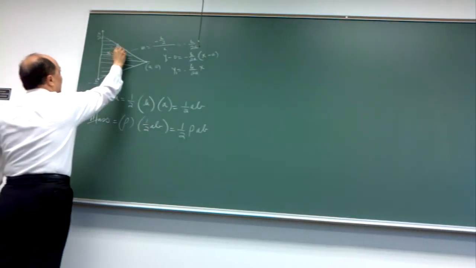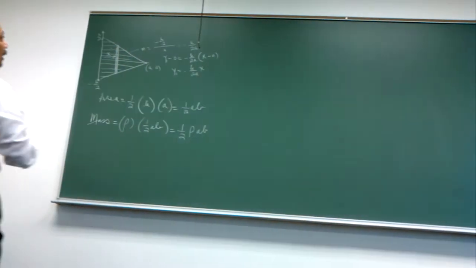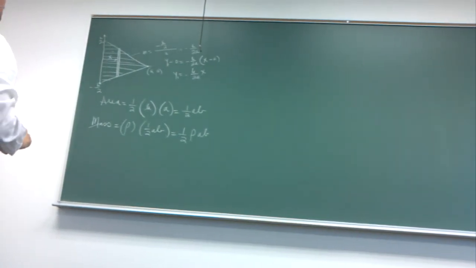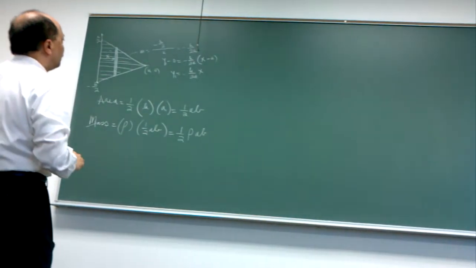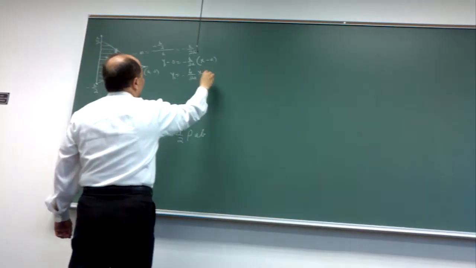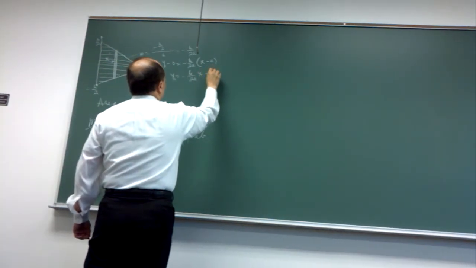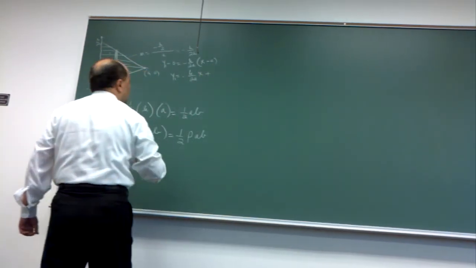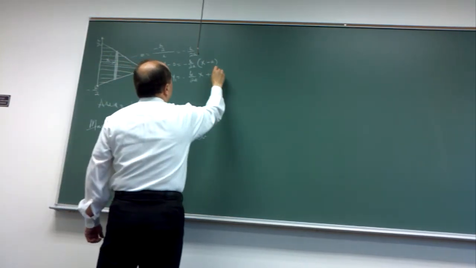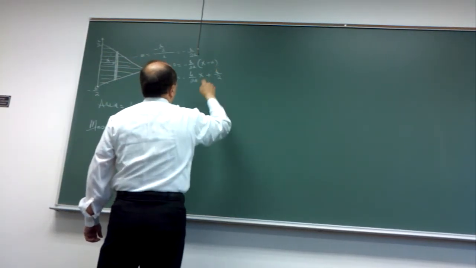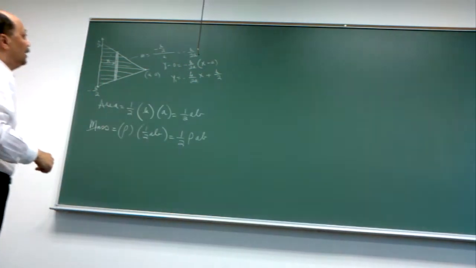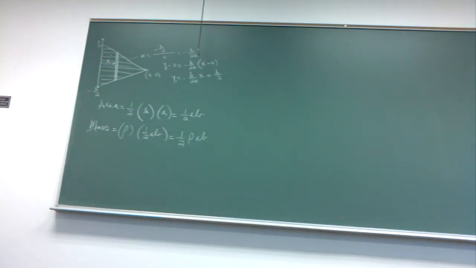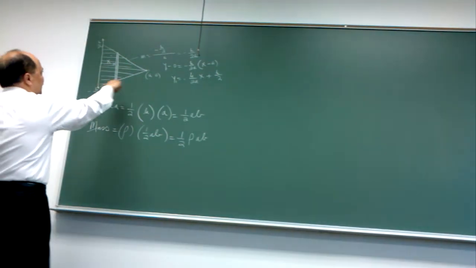This is plus b over 2. Negative b over 2a x plus, you know what? It should just be plus b over 2. Oh, I should have left it as b over 2a times a minus x, but that's okay.